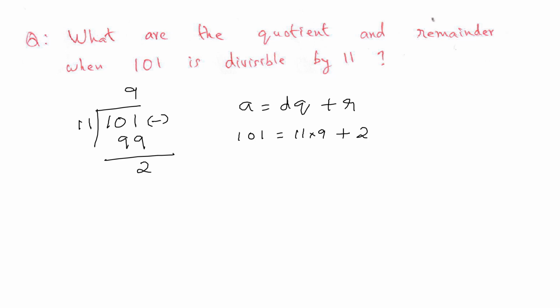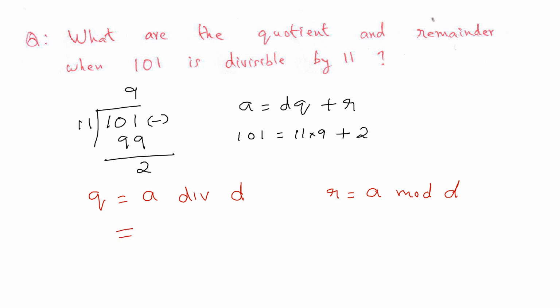But what you are asked to calculate is the quotient and the remainder. So what is the formula for the quotient? Q is equal to A division D, and you are asked to calculate the remainder also. So remainder is A mod D. So quotient, how will you write?